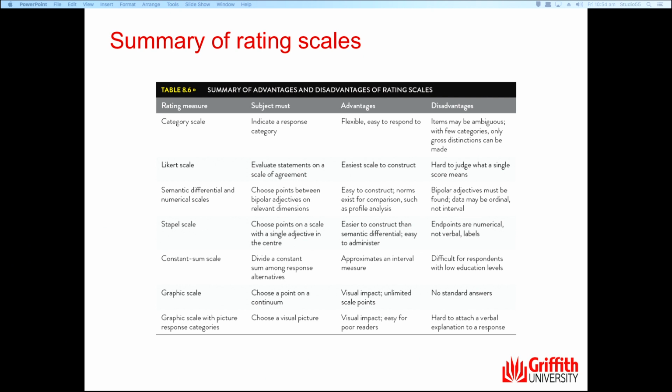How do we choose which method to use? You have to look back at the objective, and at the definition of this concept, and then choose which of these rating measures is the most appropriate for us to measure that concept.